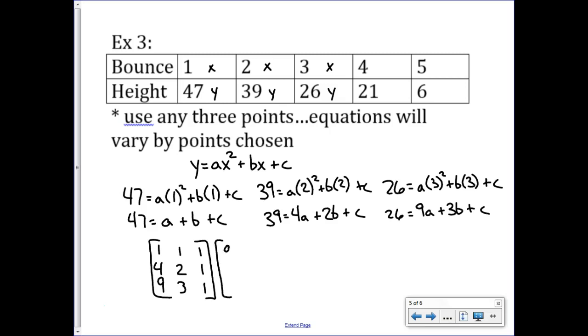I multiply that by a, b, c, and my answer that I get was 47, 39, and 26.